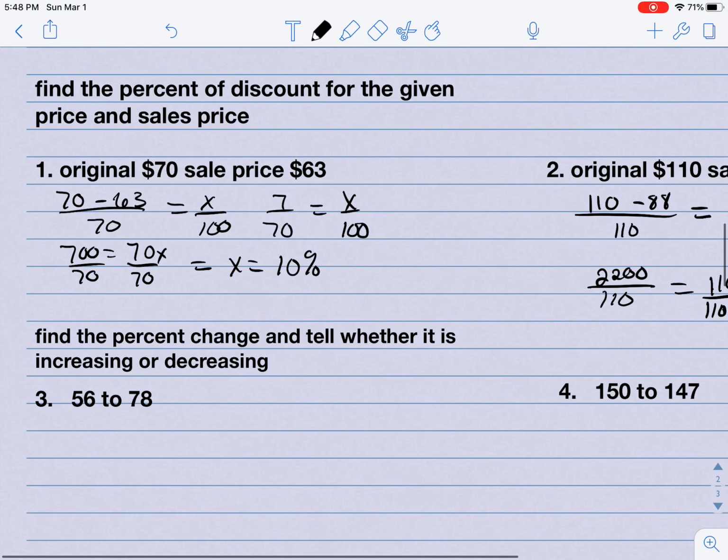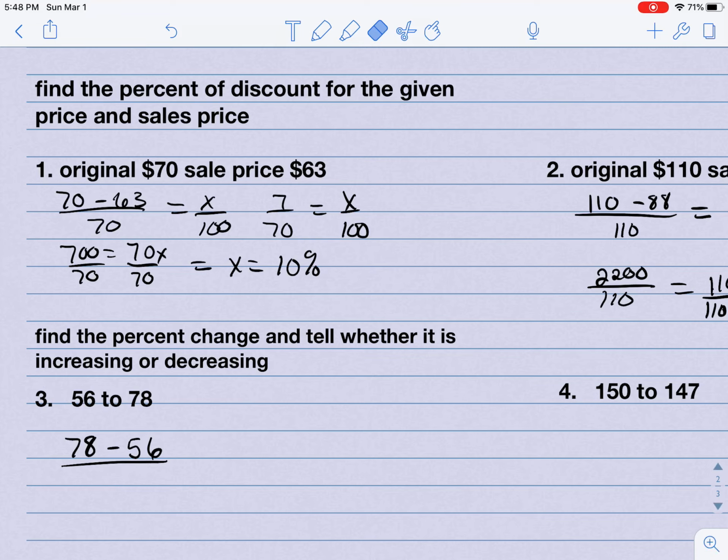So now, these next two, we're just going to find the percent of change and tell whether it is increasing or decreasing. So now it just gives what the original to the new amount. So 56 to 78. 78 is greater, so this is going to be an increase. So we find the amount of change.